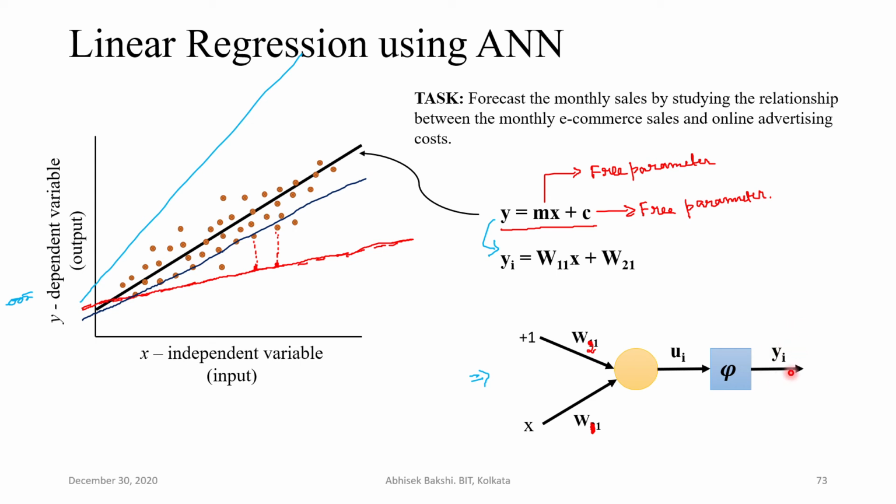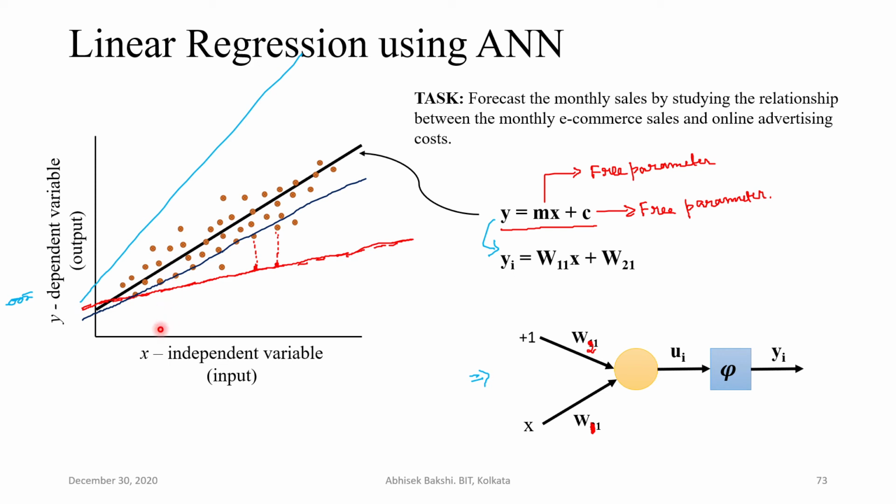And I know what should be the y. I have this idea, right? For a particular x, what is the y that I know? And that is the desired y.